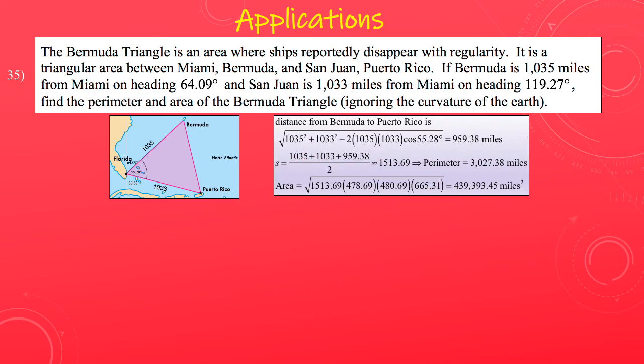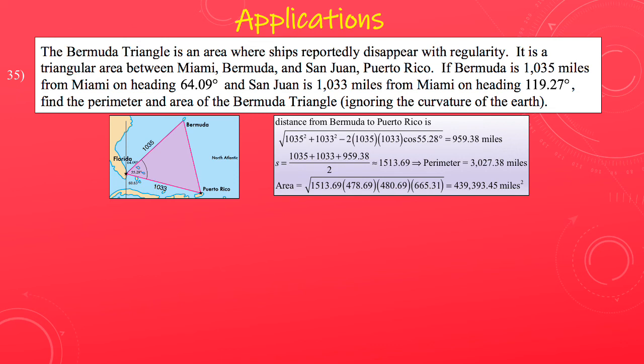We have a side angle side situation, which means to find the area, we can use the formula that is 1/2 the product of the two sides times the sine of the included angle. However, since we want the perimeter, we need to get the third side.